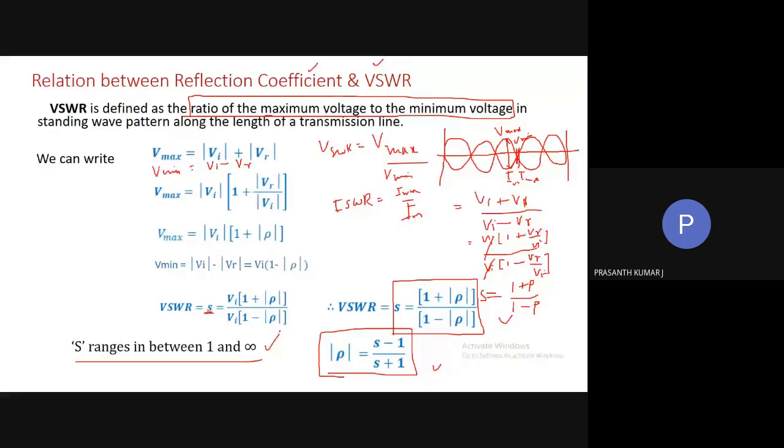Now you can ask me, sir, what is the practical use of this reflection coefficient? When you are calculating the incident power, transmitted power, reflected power, all these, we have to measure the reflection coefficient only. For example, in antennas, there is a transmitting antenna. Generally the antennas are connected like this.